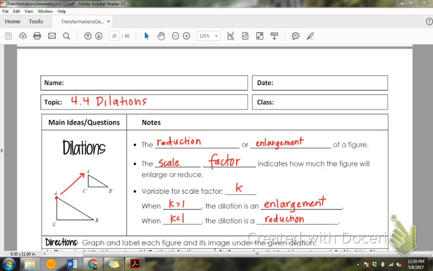So it's the new image. The prime, the little apostrophe things, mean this is called the image after the dilation, and the original is called the pre-image. After you perform the dilation, it's called just the image.